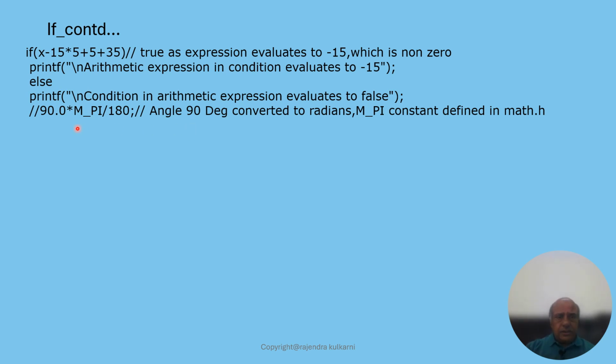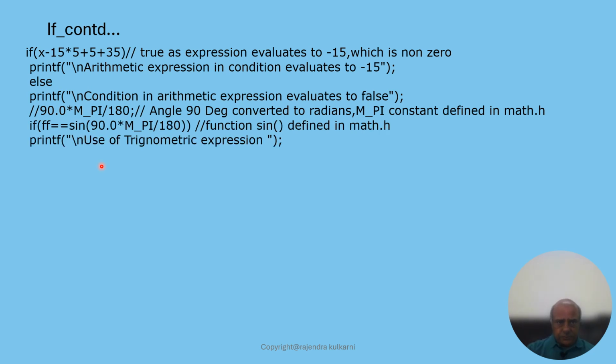Suppose I have taken one angle 90 multiplied by M underscore PI divided by 180. This expression converts an angle expressed in degrees to its equivalent radians. M underscore PI is a constant assigned with the value of pi and defined in the file math.h.